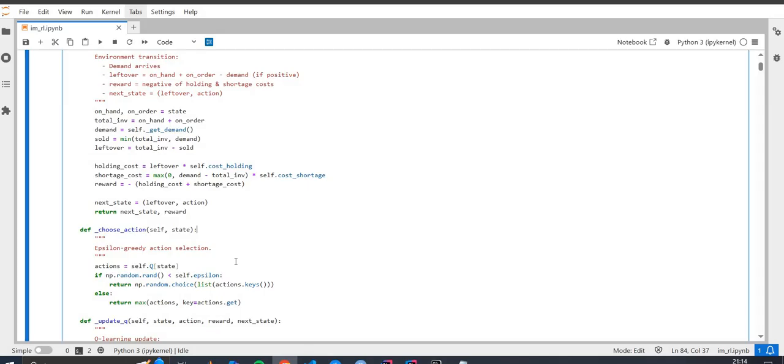But as training progresses, it gradually starts relying more on what it has learned. If a random number is lower than epsilon, it picks a completely random action. Otherwise, it selects the action with the highest Q value, the one that it believes is best based on past experience.